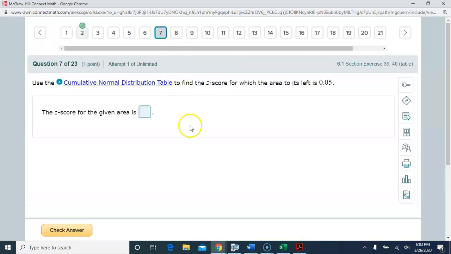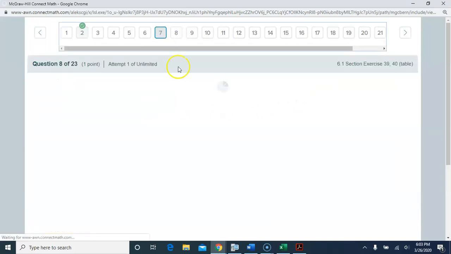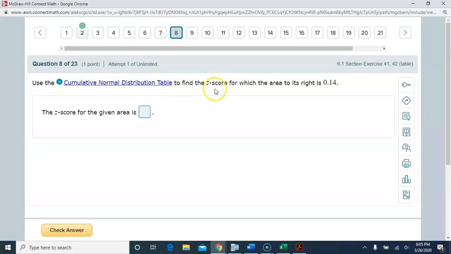They have some problems where you have to go backwards. So find the z-score. Let me do a different one that's backwards. Find the z-score for which the area to the right is 0.14. If the area to the right is 0.14, then the area to the left is 0.86.